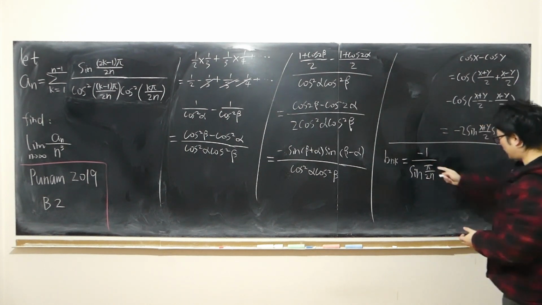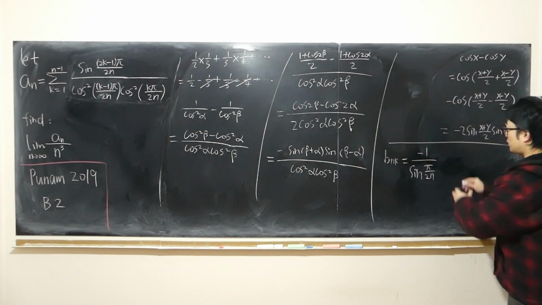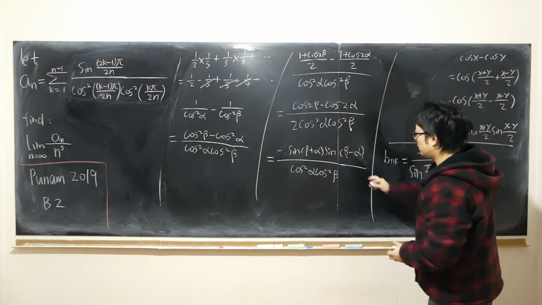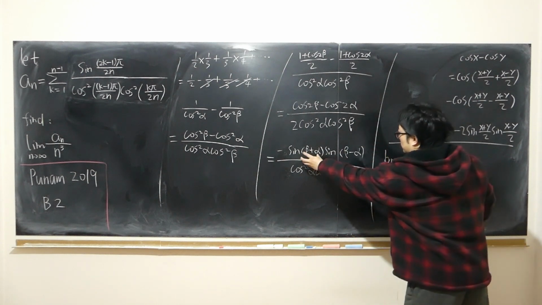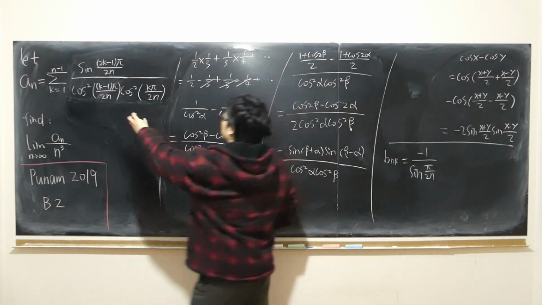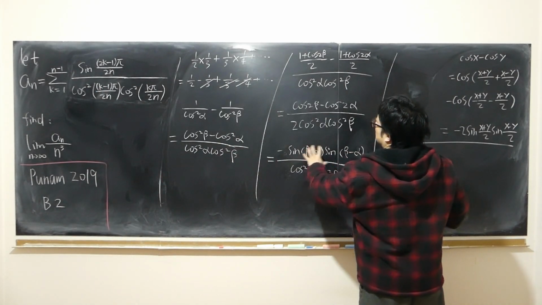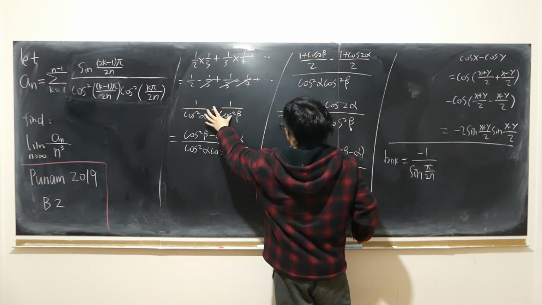It has nothing to do with k anymore. In the end, we can just factor it out. So then we say negative sine, and this whole thing, we just treat alpha and beta as this and that.